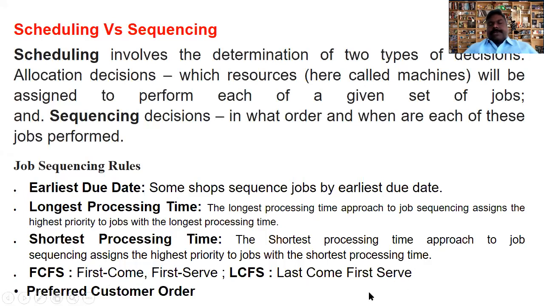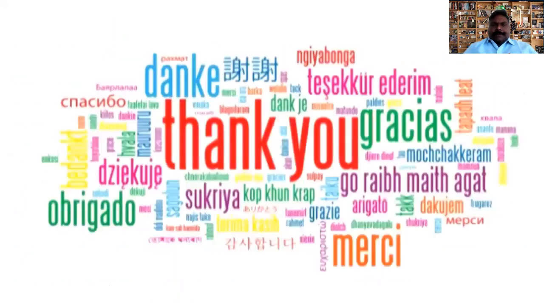Last come, first serve, this is for non-FMCG products. We can say the last one also we are going to process first in order to clear that space. With preferred customer orders, if a customer gives an order, we are going to take that job first, and non-ordered items we are going to take last. So this is how we are going to do the sequencing.